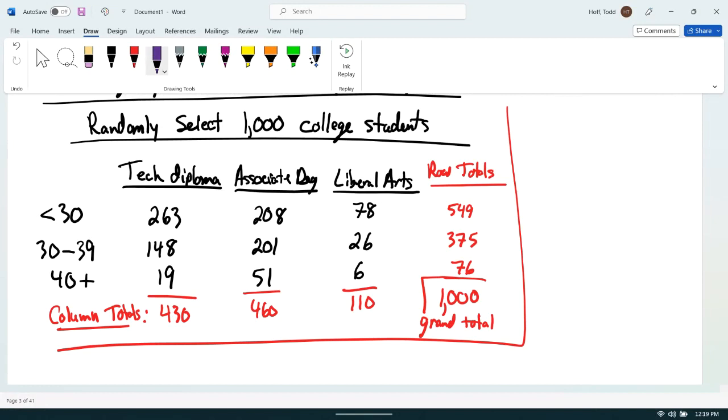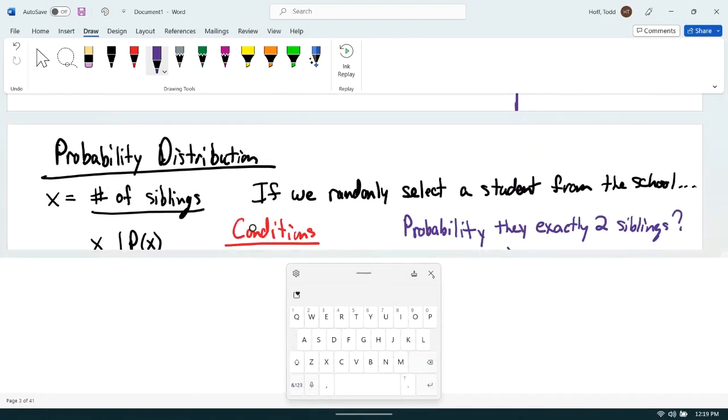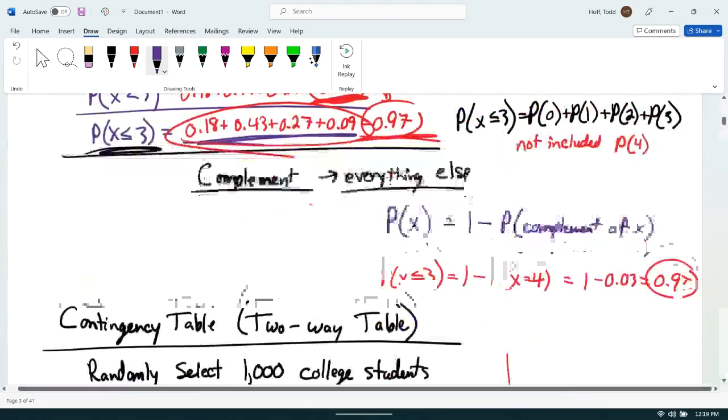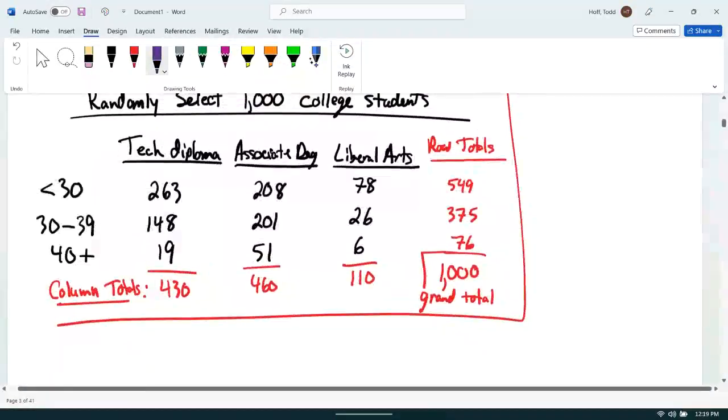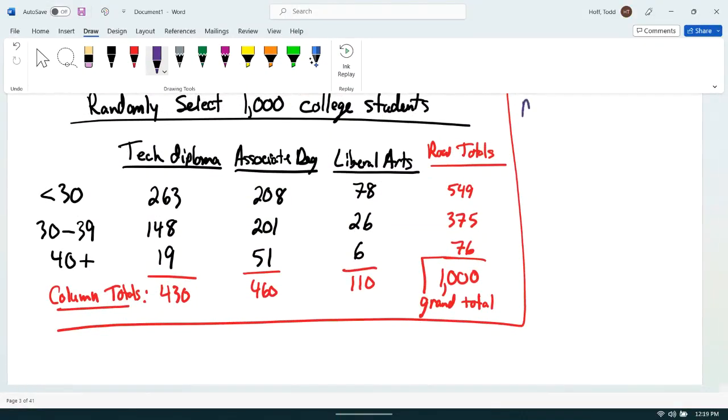So now if I randomly select a student, what is the probability that that student is a liberal arts student?